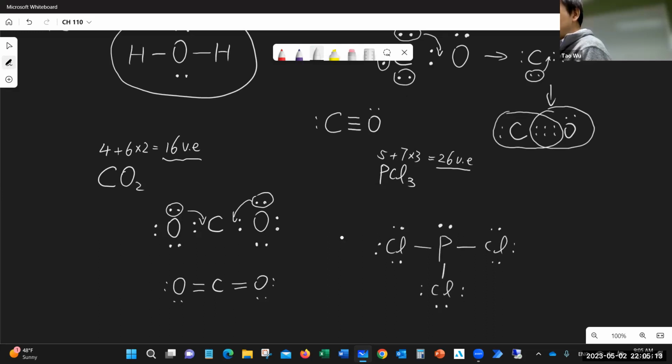So that is the Lewis structure for PCl3. And this one has 3 bonds and 1 lone pair on the central atom. And each chlorine has 1 bond and 3 lone pairs. That's it. Are you clear? Okay.